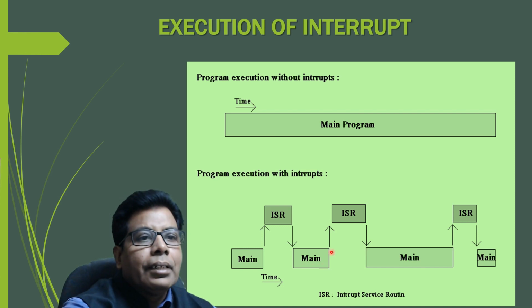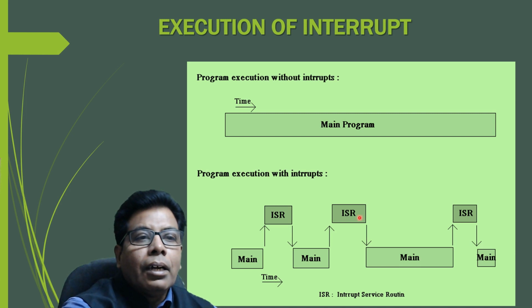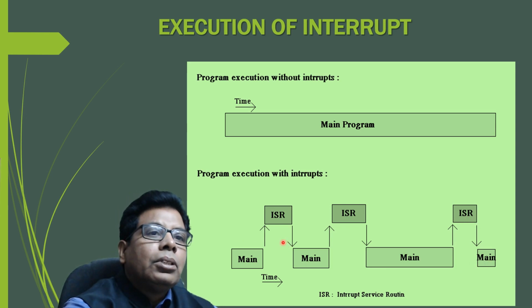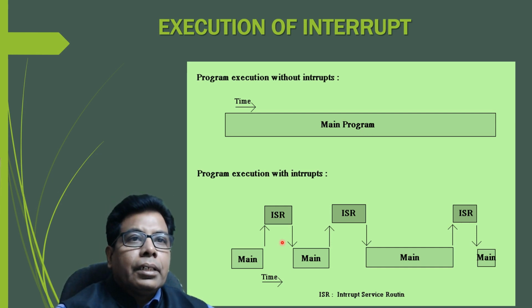Then again, when it receives an interrupt, it goes to the interrupt service routine. When it is completed, it returns to the main program and again executes it. Whenever it is interrupted again, it goes to the ISR and again returns to the main program. So this is how the execution takes place for interrupts.